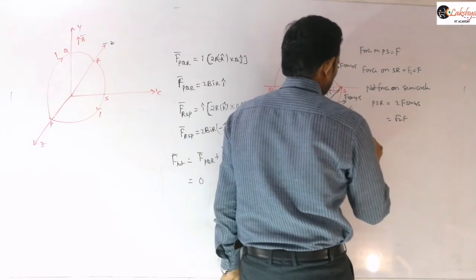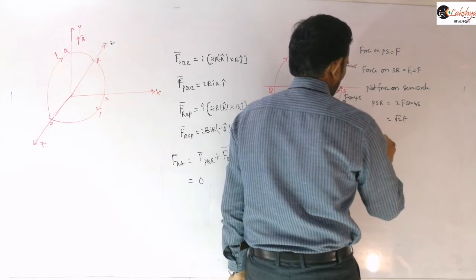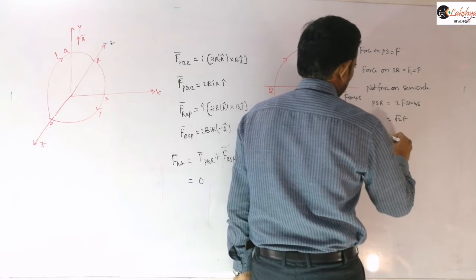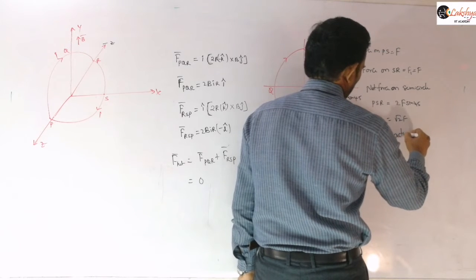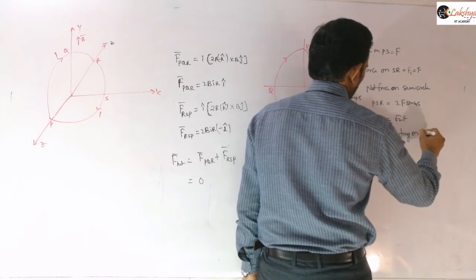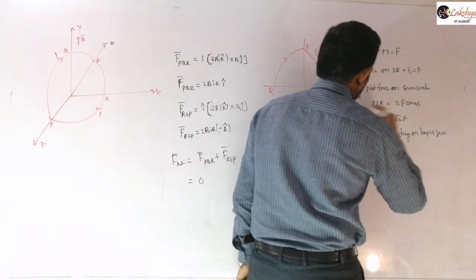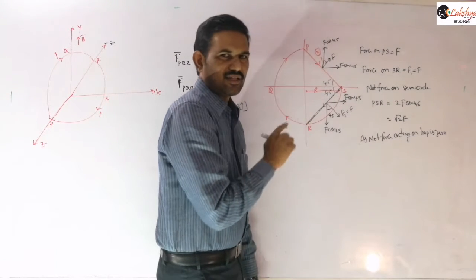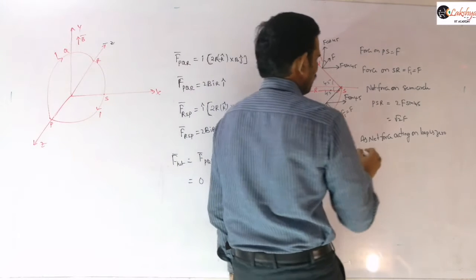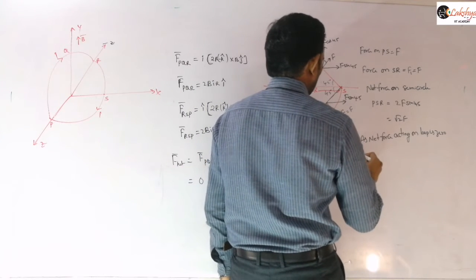So that means now, as net force acting on the loop is 0, because it is a closed loop and carrying the current in the same sense here. Net force acting on the loop is 0.